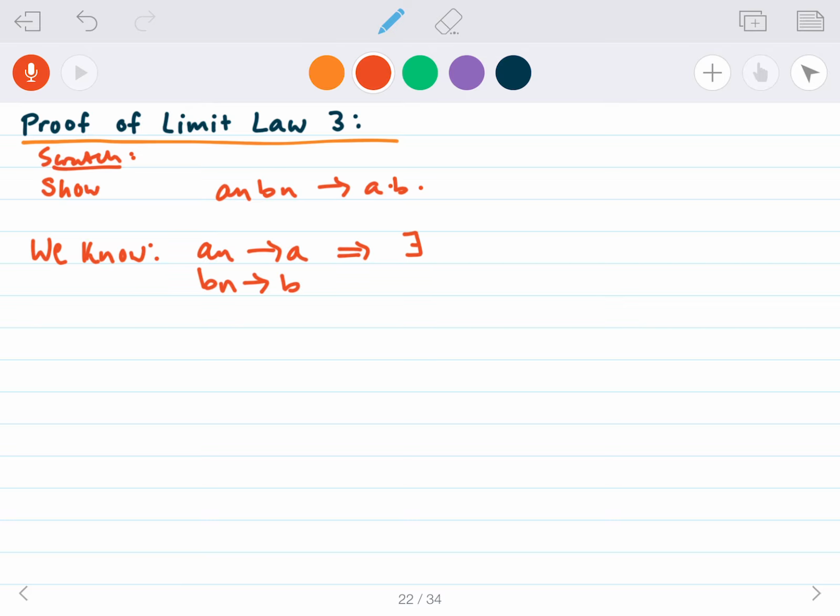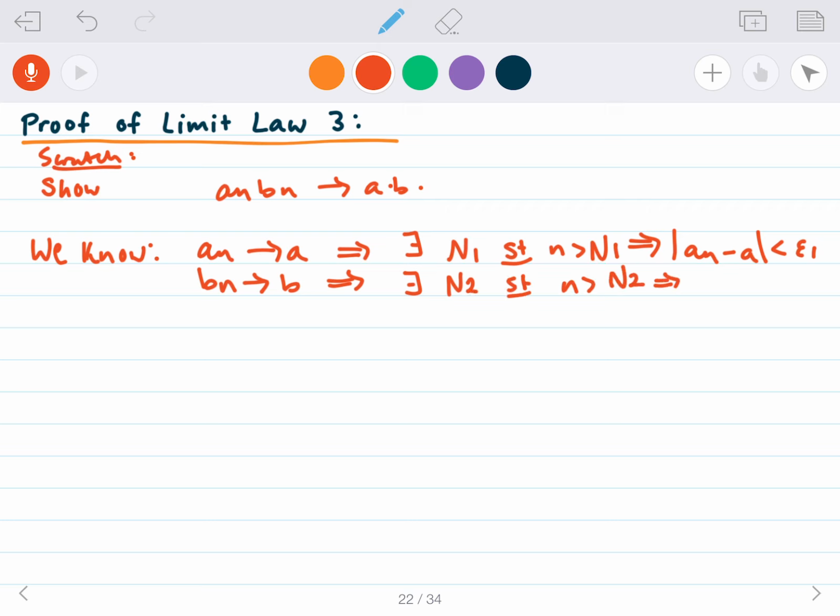There exists some n1 such that n bigger than n1 implies that the difference is less than epsilon 1. And similarly, for the b sub n case, there exists some n2 such that little n bigger than n2 implies that b sub n minus b is less than epsilon 2.